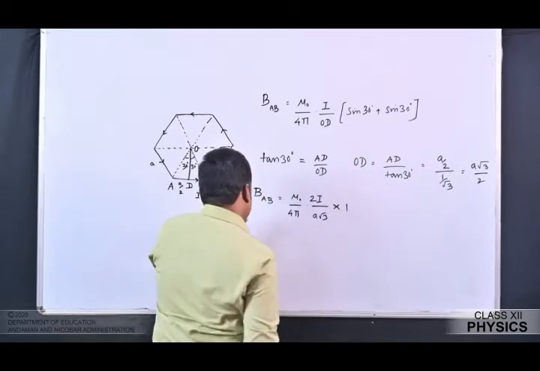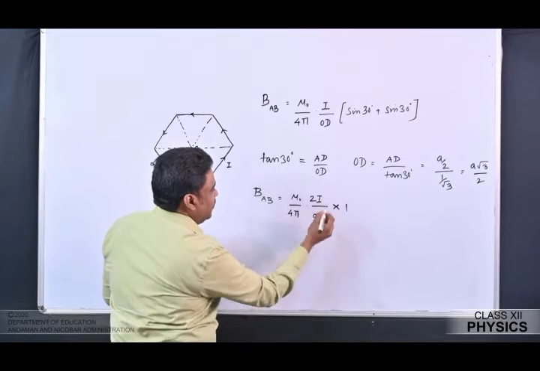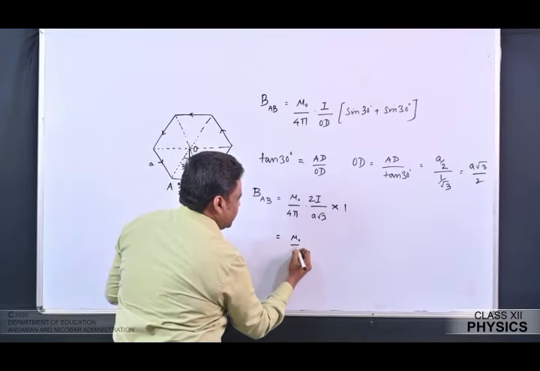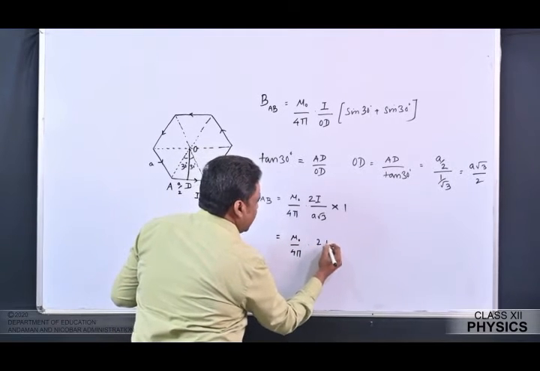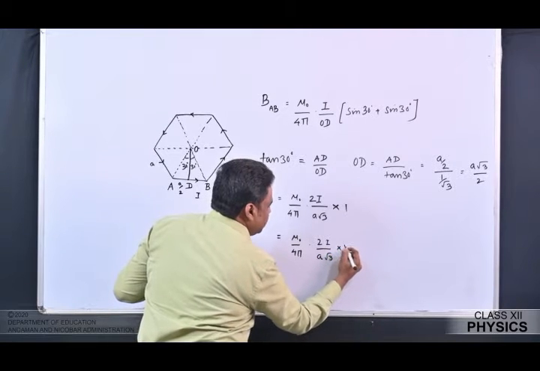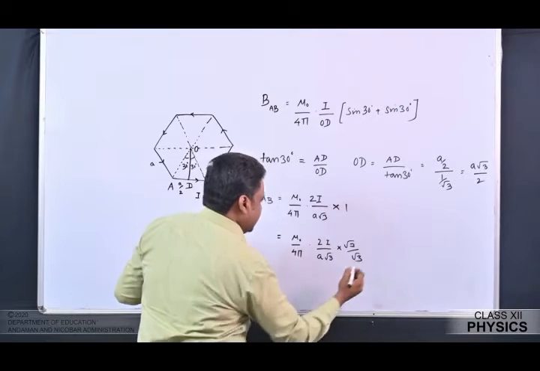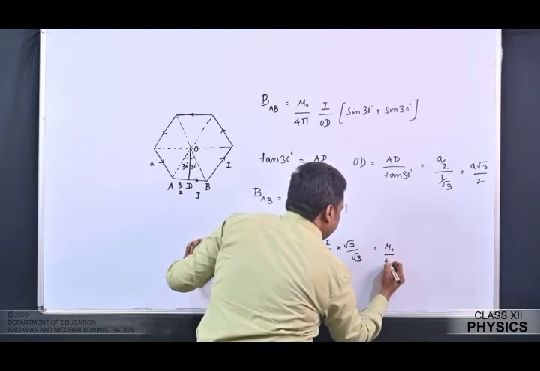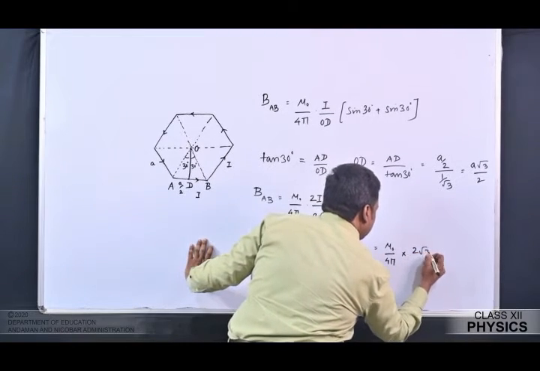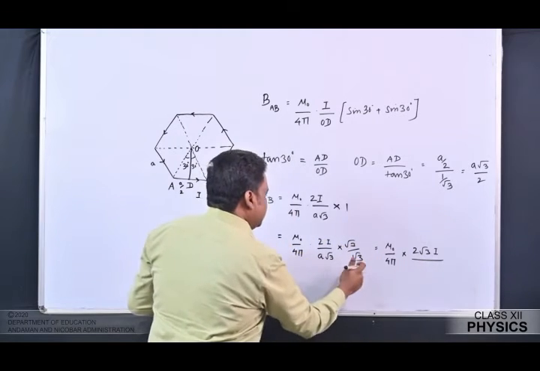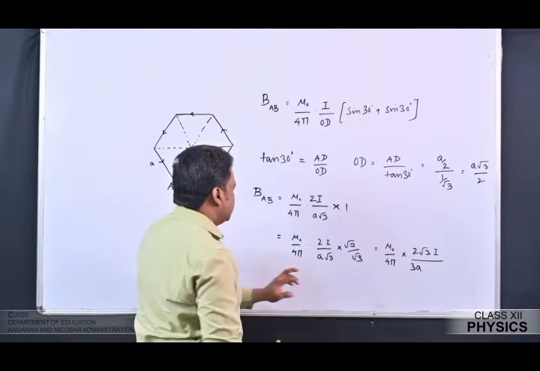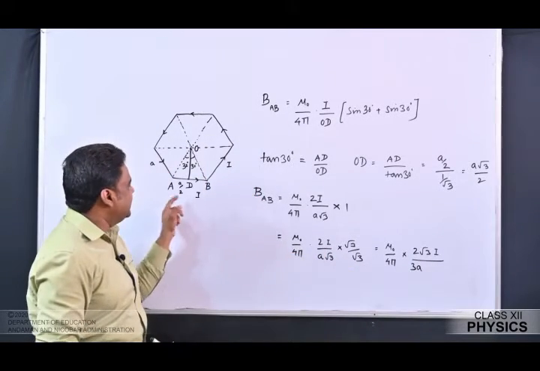After reduction, we can make a simpler form: mu naught by 4 pi into 2 root 3 I by root 3 into root 3, which is 3, so 3A. So this is the value due to one side of the hexagon.